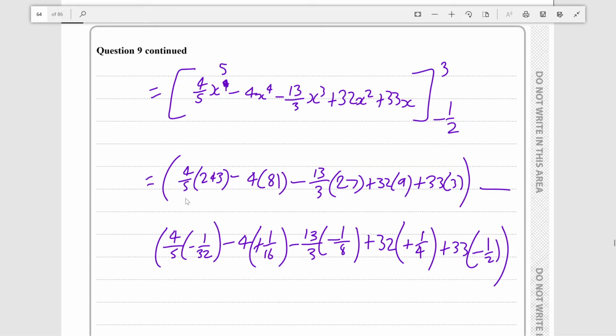So first we have 0.8 times 243, which is 194.4, and then minus 4 times 81. So that brings us to minus 129.6, and then minus 13 over 3 times 27.